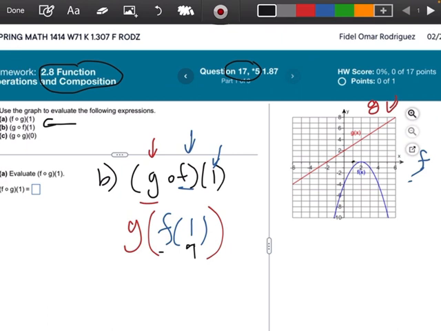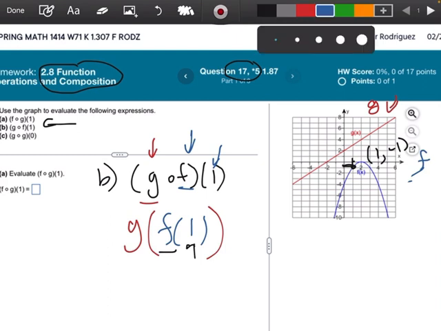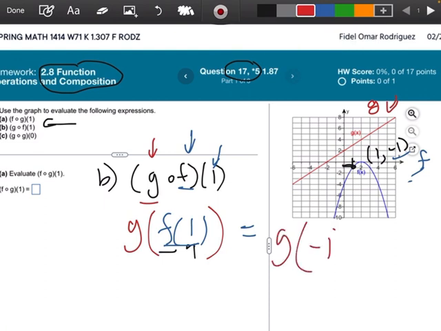I want to find the y value of the function F at x equals 1. If I scroll down, boom, I hit that point right there. The coordinates of that point would be (1, -1). Remember, I'm looking for the y value. So when x is 1, for f, the y value is -1. So I'm going to write g of the number we just got, which was -1.